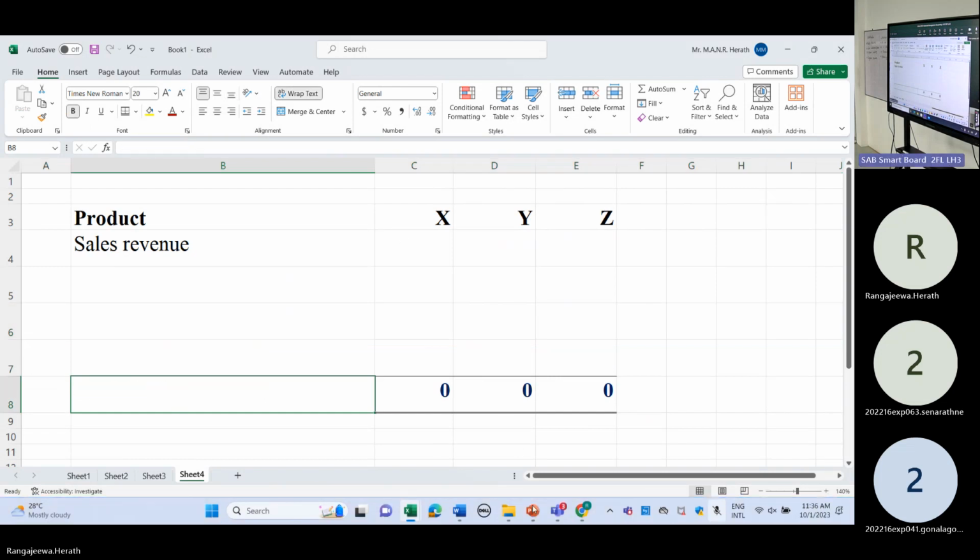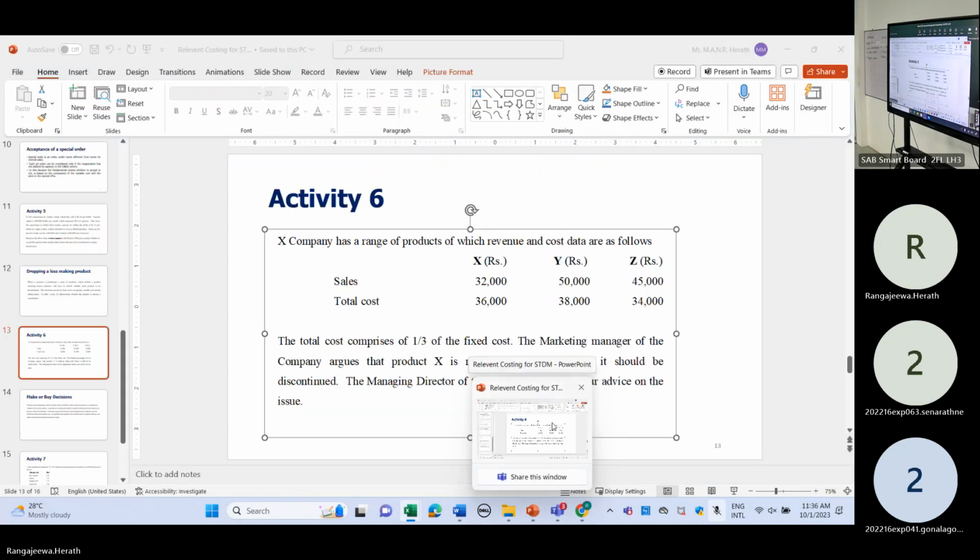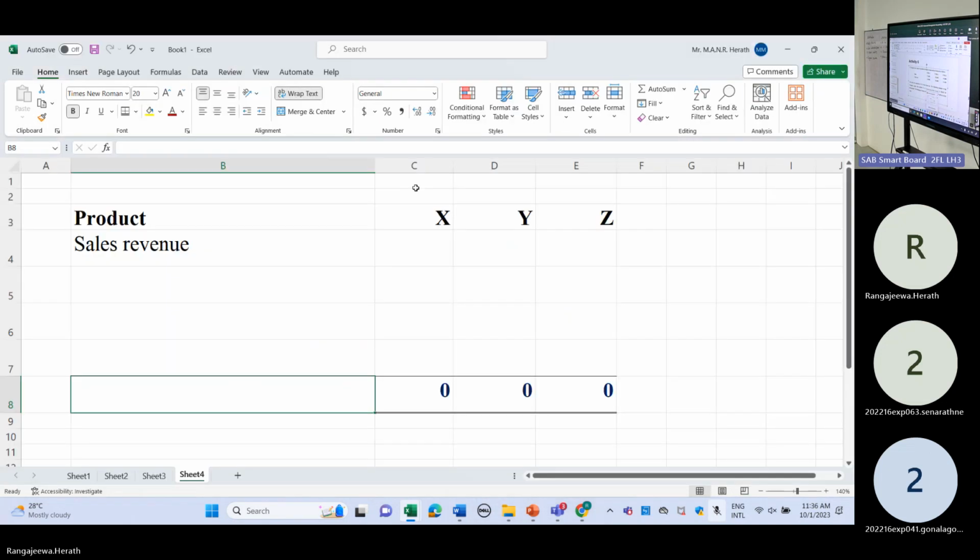Now, sales revenue 32,000, 50,000, and 45,000.